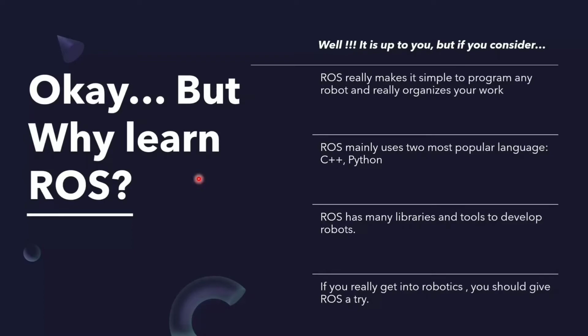It uses two of the most popular languages to be exact, C++ and Python, and ROS has many libraries and tools to develop software for robots. Last but not the least, if you really want to get into robotics, you should really give ROS a try.